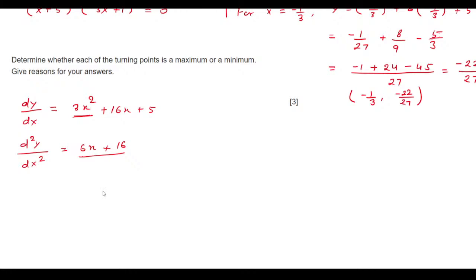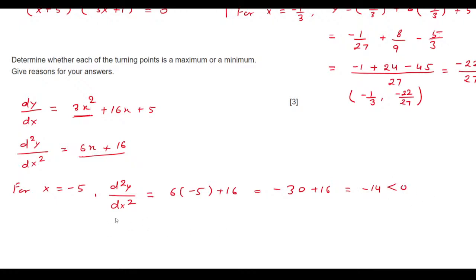Now for x equals minus 5, this second derivative will be 6 times minus 5 plus 16. So 6 times 5 is minus 30 plus 16, which is minus 14, which is less than 0. Now if the second derivative is less than 0, it indicates that the point is a maximum point.